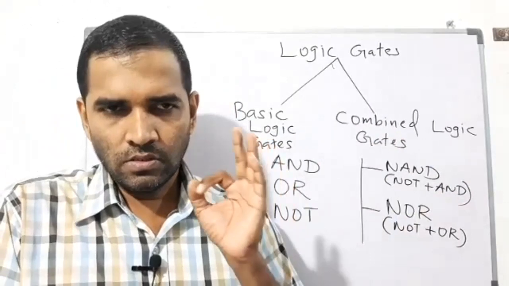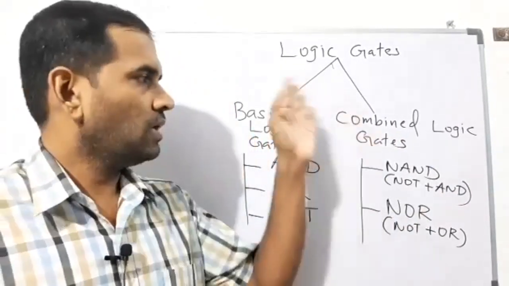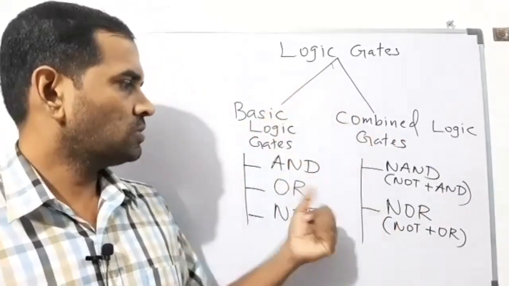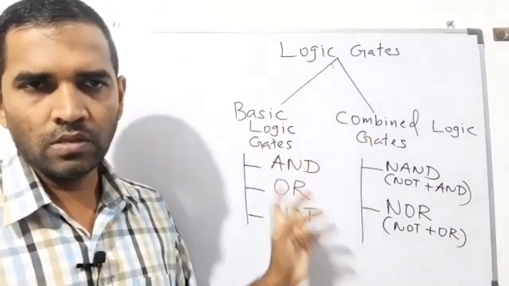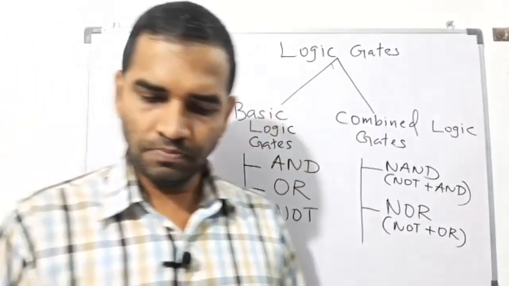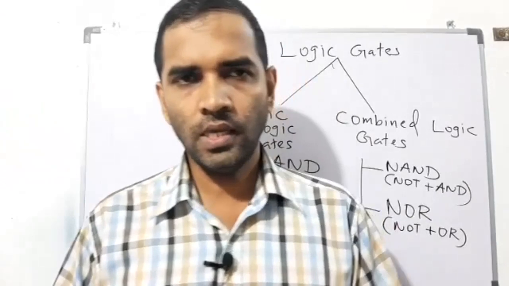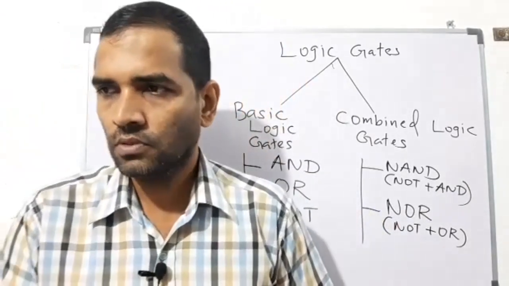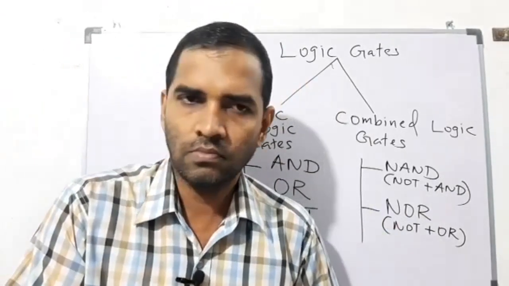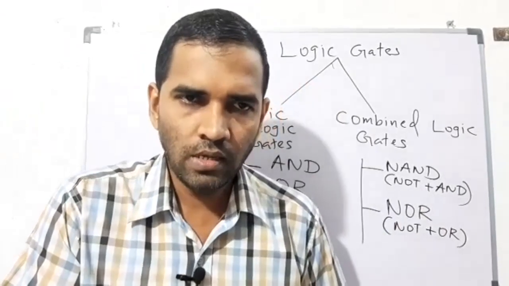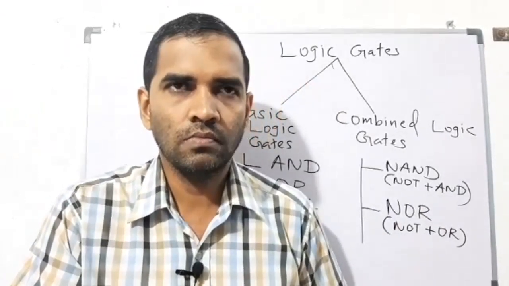Okay. So better we can write it after that. I have to explain AND, then OR, then NOT. Okay. So heading: types of logic gates. Types of logic gates.